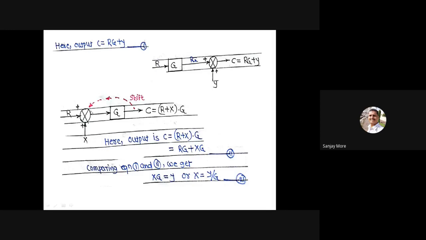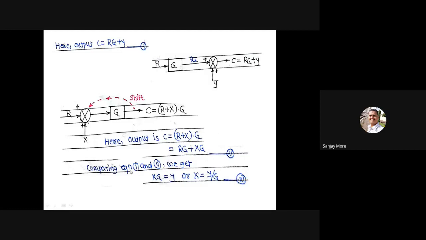Then this summation point is shifted to here, R plus X into G. So the output is R plus X in brackets multiplied by G. Here the output is C equals R plus X into G, meaning RG plus XG.